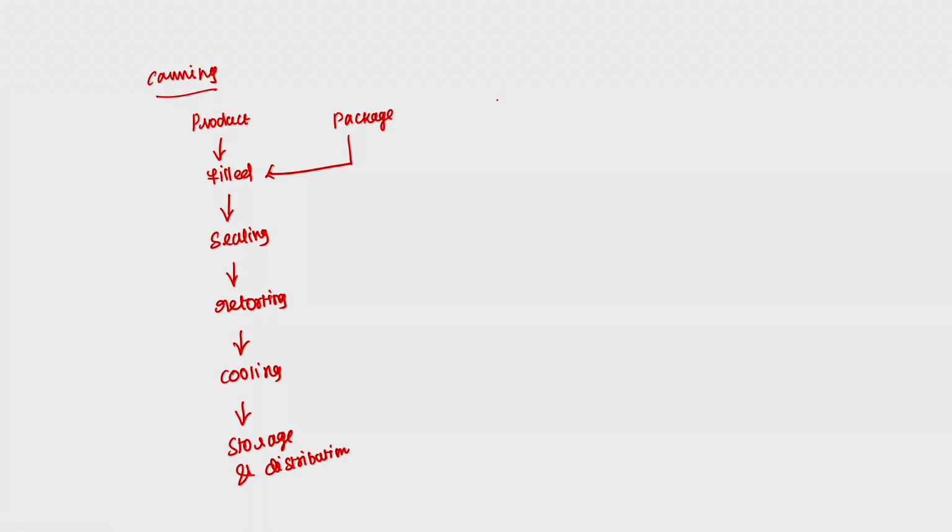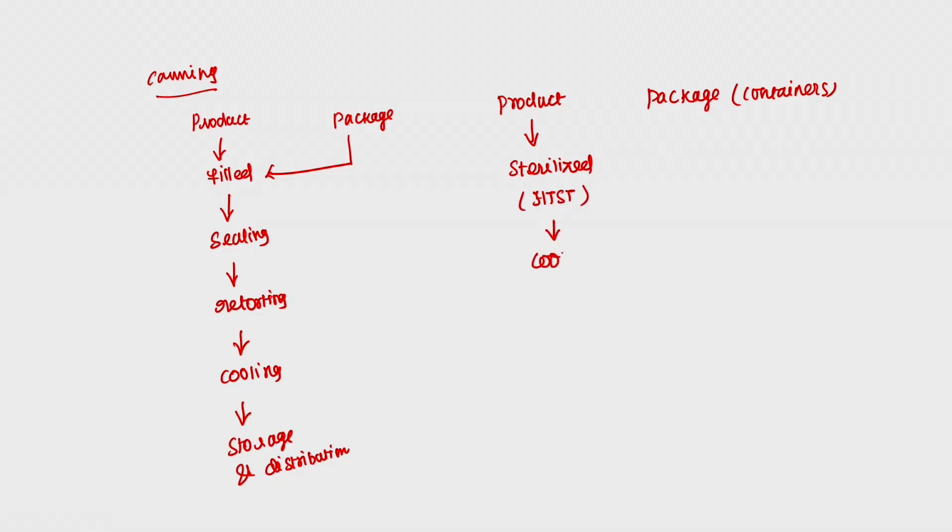The aseptic processing means, I have a product here and I have a packaging system, or most probably containers, pouches. We have discussed this a bit elaborately in our previous lectures. So the product is sterilized, the processing would be HTST, right. Then it is cooled. The same way, the packaging is also sterilized.